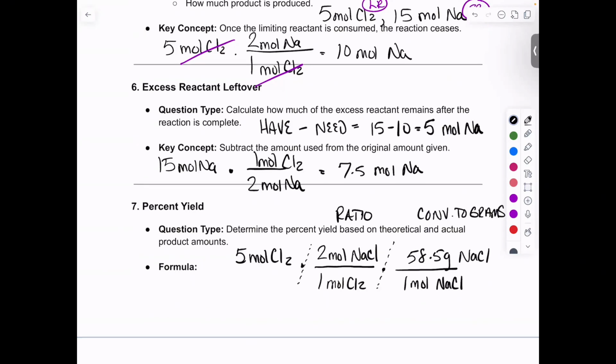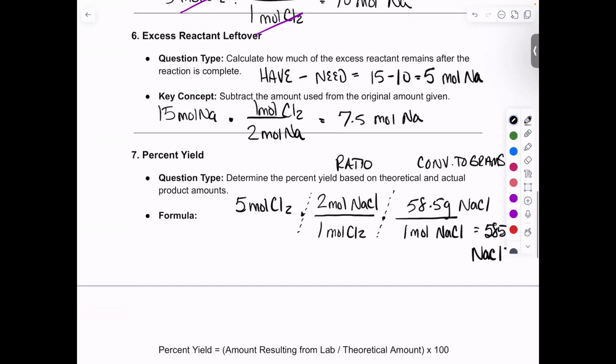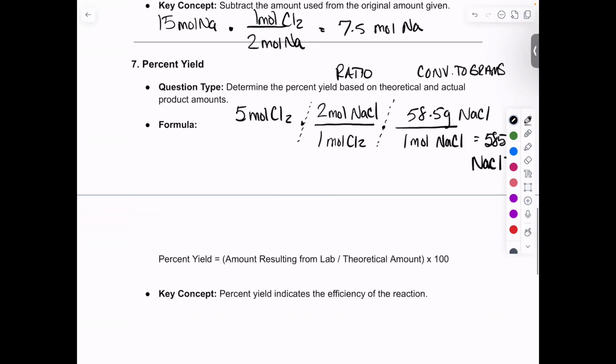But I need to do a quick calculation. I'm going to have quite a bit. I'll have 585 grams of NaCl. So if I ran this, for instance, as an experiment in the lab, and say I only generated 400 grams, I'll just put down here lab result, 400. Uh-oh.